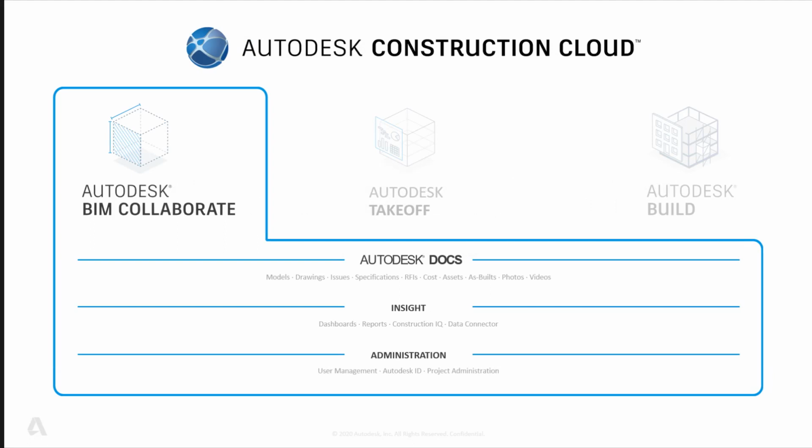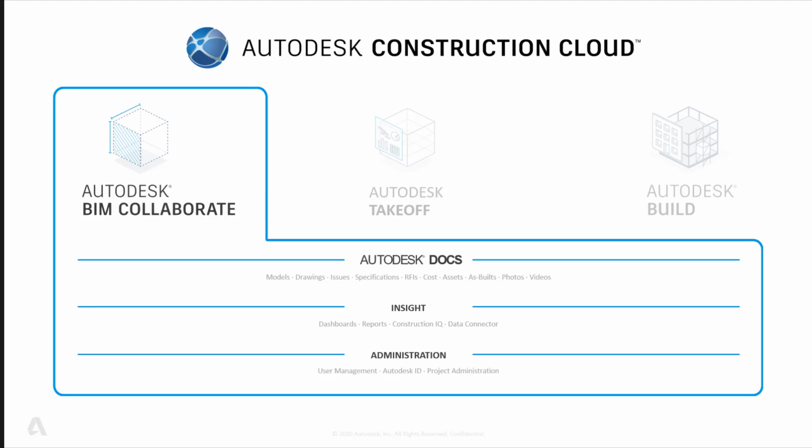The connection between teams, projects, and businesses doesn't end with Autodesk BIM Collaborate. Autodesk BIM Collaborate is just part of a unified platform, the Autodesk Construction Cloud. The Autodesk Construction Cloud connects data, workflows, and teams throughout the entire building lifecycle, from design to operation, across the headquarters, office, and on the job site.